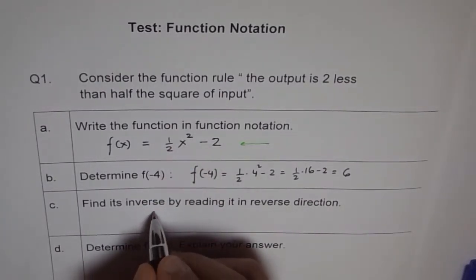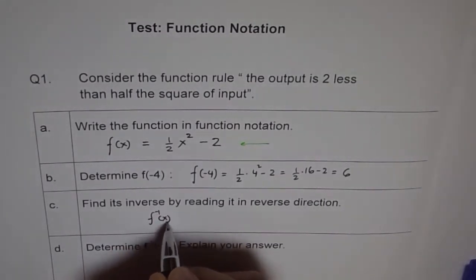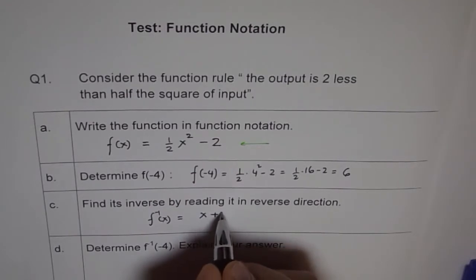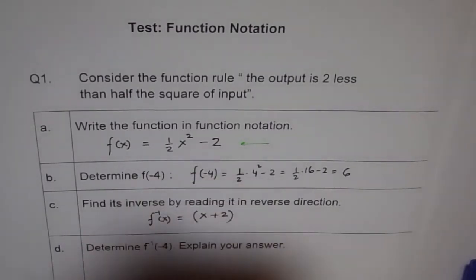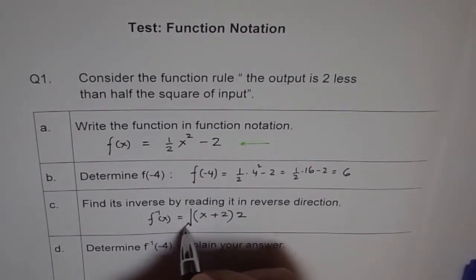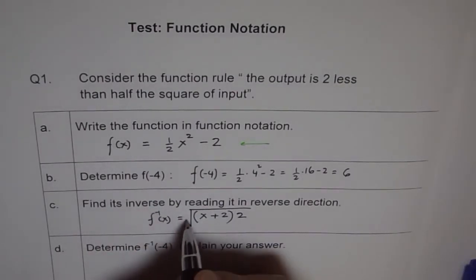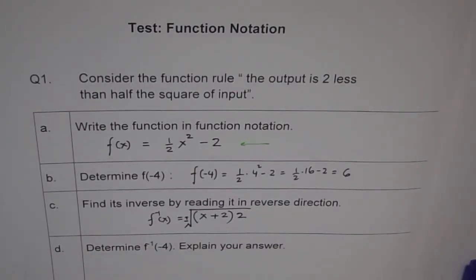So f inverse of x should be: to x we add 2, then multiply by 2, and then take the square root. Remember, whenever you square root it, you have to write plus and minus. This is important. At times students miss this plus and minus.